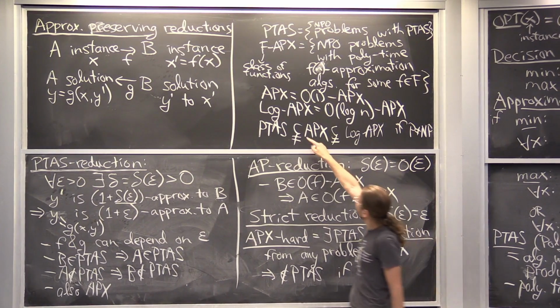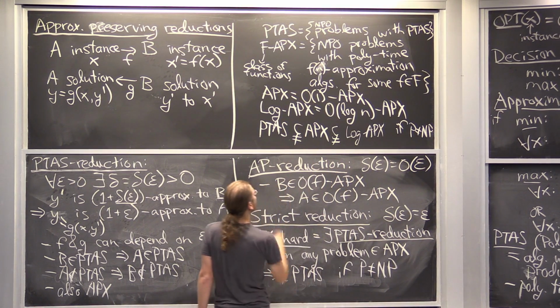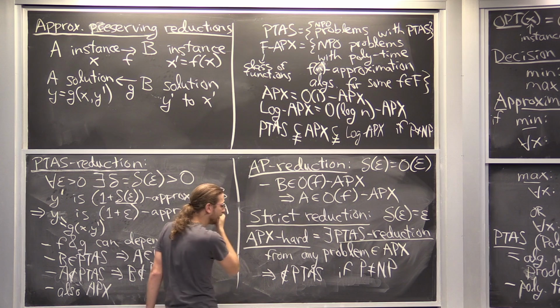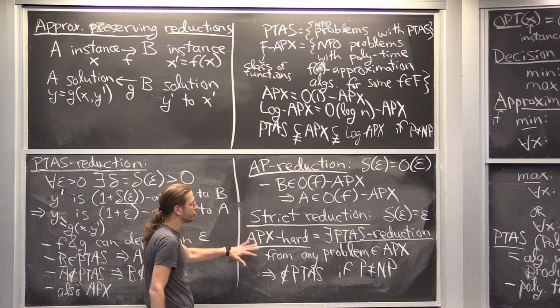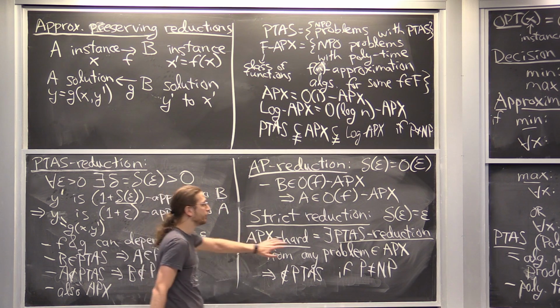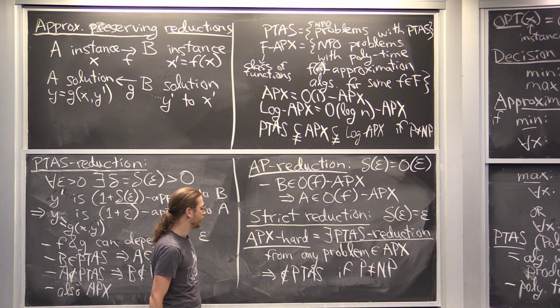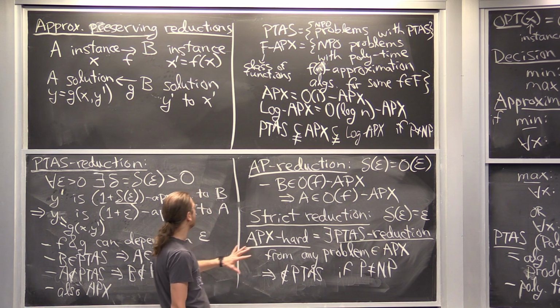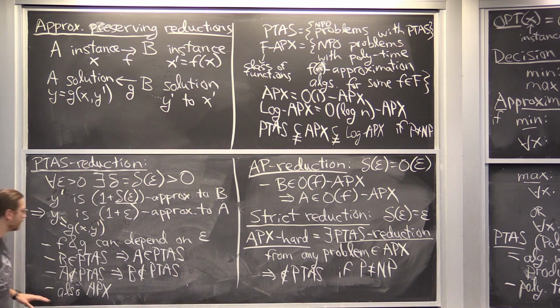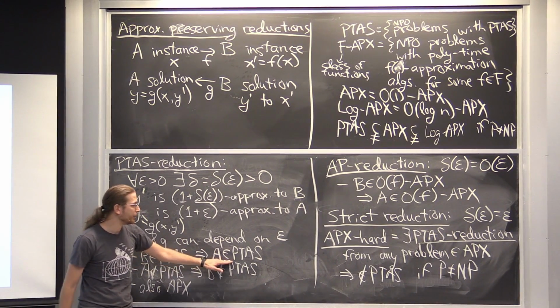Because of this strict containment, if P does not equal NP, then PTAS is different from APX. And so if you show that you're hardest in APX using a reduction that preserves PTASability, then, I mean, the idea is that when we're doing these reductions, we know that if B had a PTAS, then A had a PTAS.